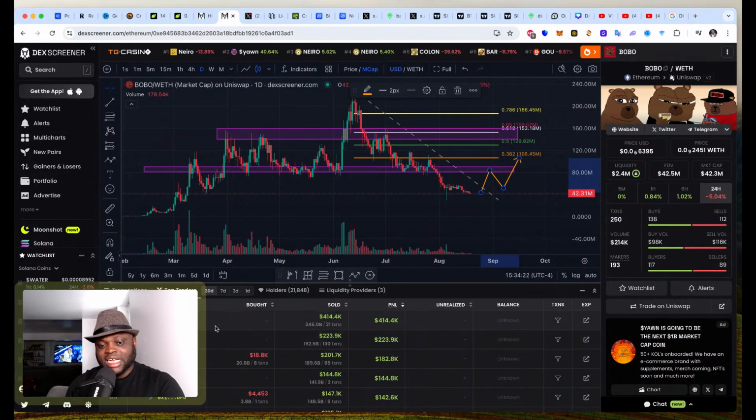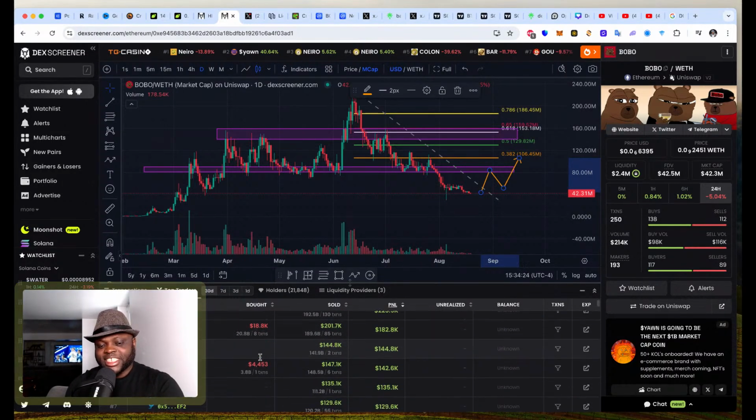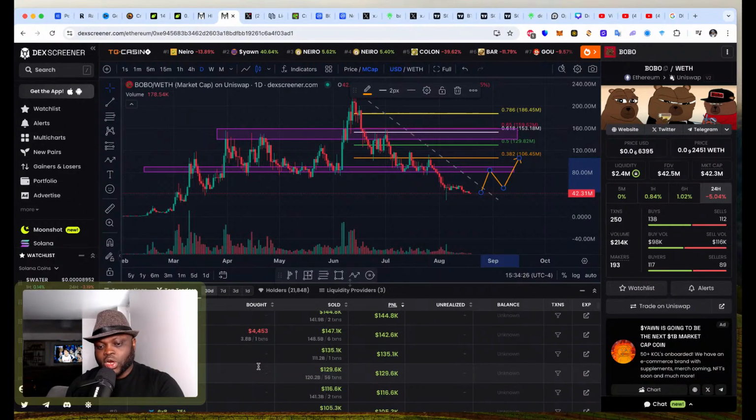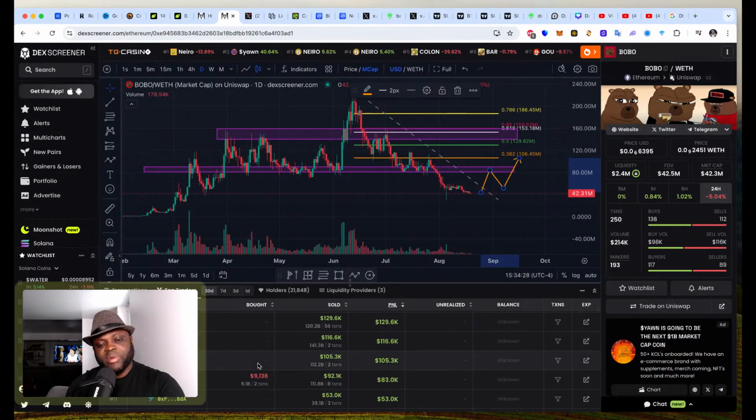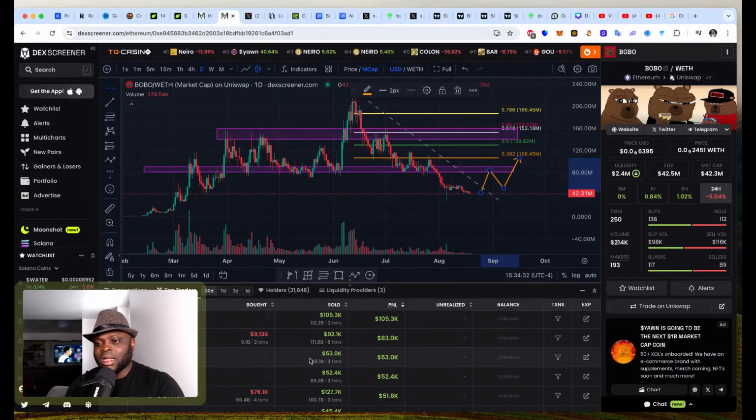On Dexscreener, I can see that most of these guys are insiders. They didn't actually buy this coin; it was given to them. So maybe the guys who launched this coin have multiple wallets, and the market cap you see here is based on the fact that they have invested so much in this coin and don't want to cash out.